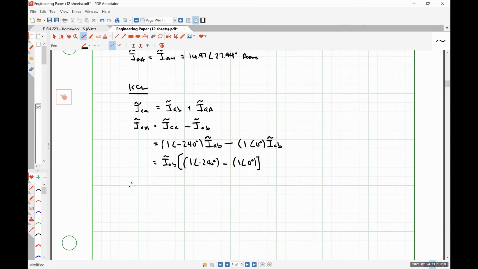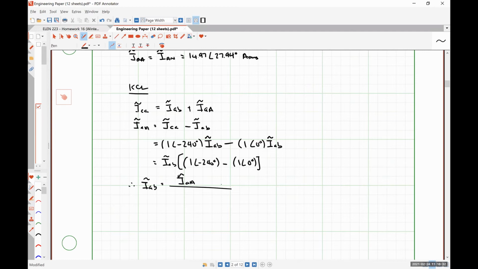Therefore our delta current IAB is IAA divided by this guy, which is square root of 3 angle positive 30, I think.